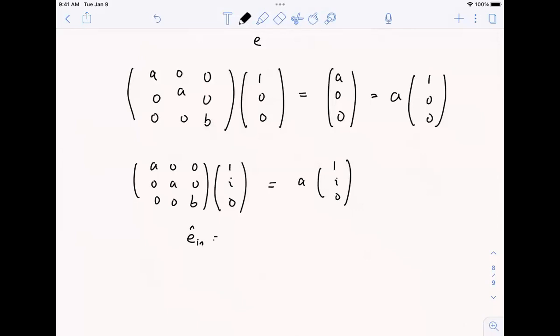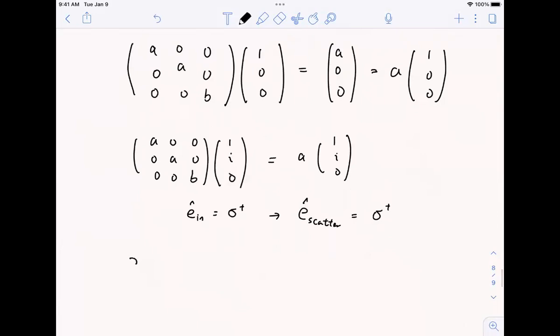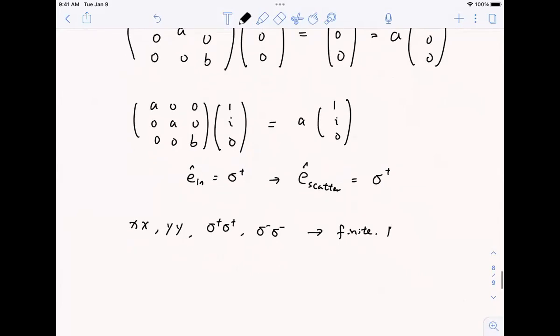So that means if the incident light is plus, then the scattered light is also the same. So from here, you can already see that with XX, YY, or sigma plus sigma plus, sigma minus sigma minus, you are going to get finite Raman.